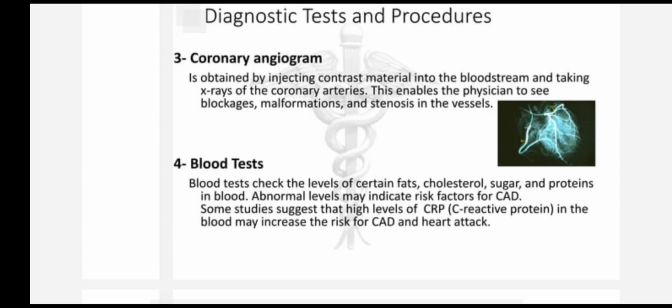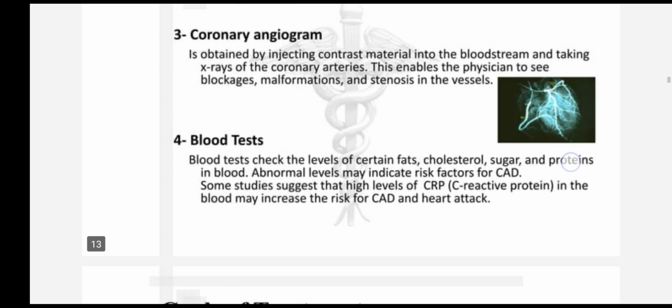A coronary angiogram is obtained by injecting contrast material into the bloodstream and taking X-rays of the coronary arteries. This enables the physician to see blockage, malformation, and stenosis in the vessels.